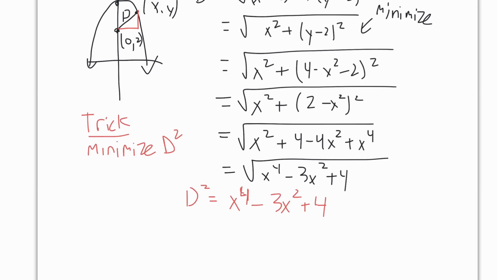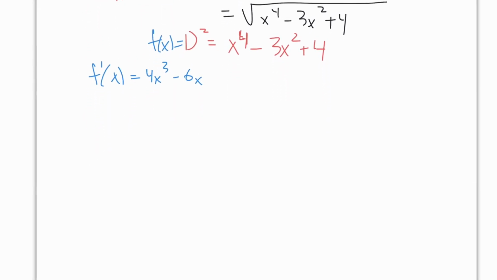So we're going to call this thing a new function. We're going to call this f of x. So let's do f prime of x. That'll give us 4x cubed minus 6x, which is actually a very nice function. No square roots, no denominators, nothing crazy there.